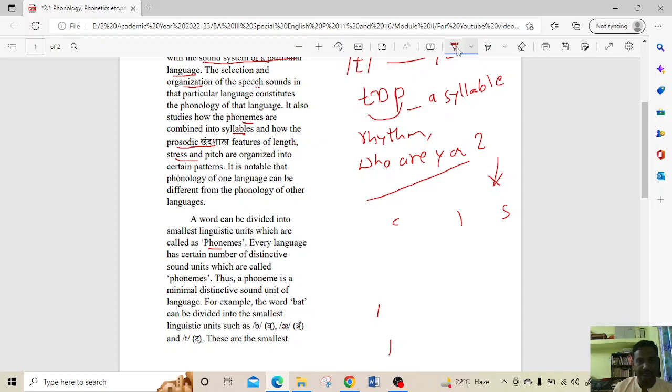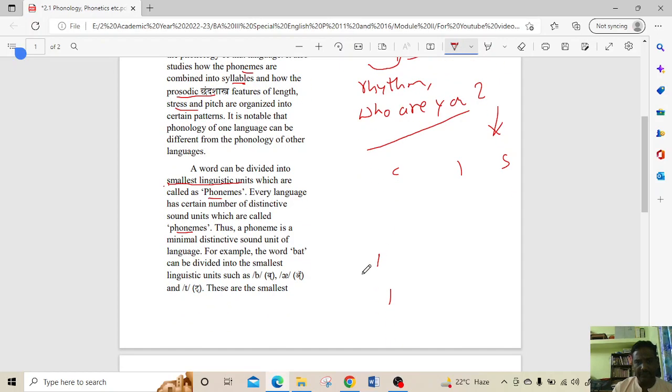Now you see, what is a phoneme? Phonemes are the smallest linguistic units. Each language has distinctive sound units and they are called phonemes. Let's understand it by an example. Now you see that the word bat is written in this way and it is the b sound, a sound and t sound.